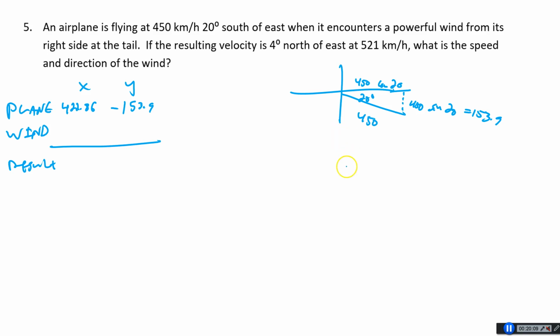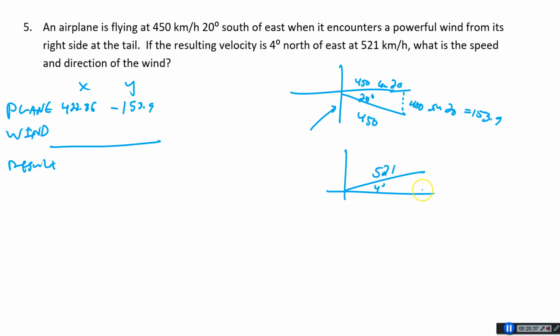Okay. So we know the result. The resulting velocity is 4 degrees north of east at 521. So this wind must be pushing pretty hard from the backside right tail because it's going to be pushing it all the way up in this direction. Let me fix that, I keep saying 512, this should be 521. There we go.